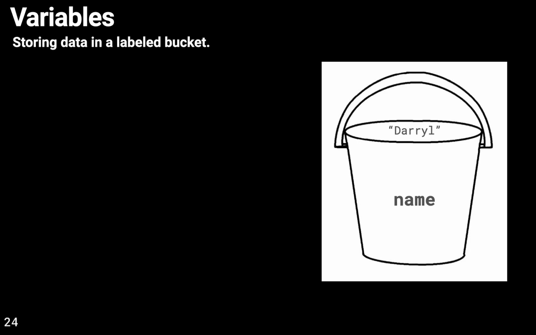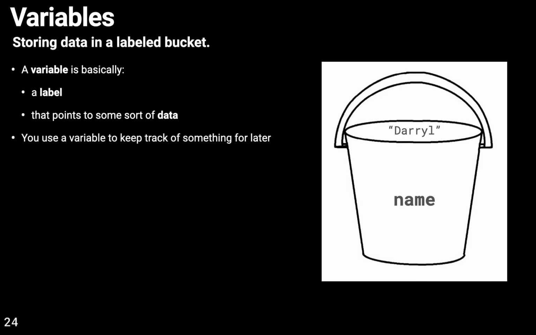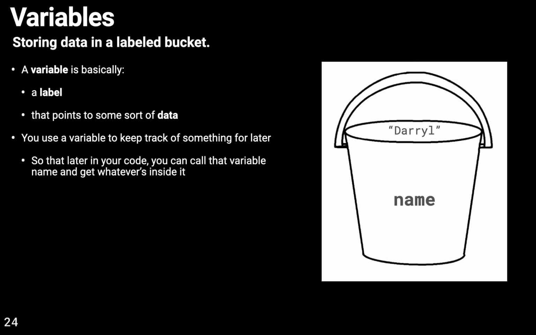The idea of a variable is essentially you're just storing some kind of information in a labeled bucket. A variable is a label, some name that you create on the fly when you're writing the code, that points to some piece of data. It is stored somewhere, so you can use a variable to keep track of something for later. Later in your code, you can call that variable name and get whatever is inside of it. So here's a quick example.